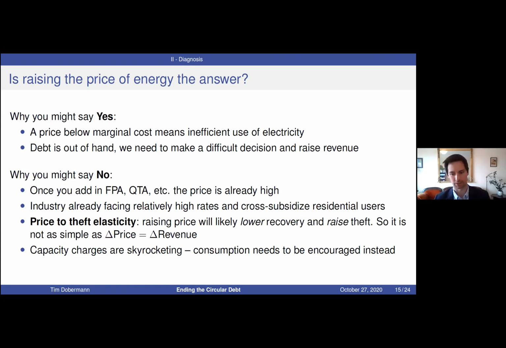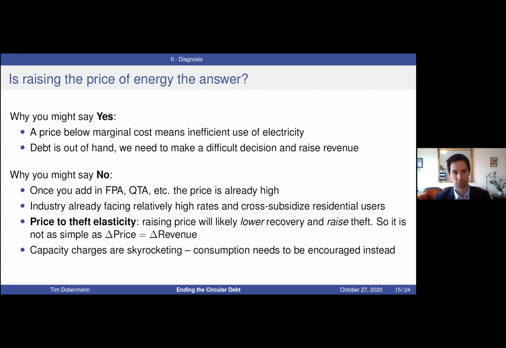You need to think about the elasticity of taxable income. So how do people shift their reported income as a response to the tax rate? I think on the energy sector side, this is also an interesting dynamic, which a number hasn't really been pinned down yet, which is that raising the price of energy, we would expect, would lead to lower recovery and raise theft. So it's not as simple as suggesting that raising the prices of energy necessarily translates to increases in revenue, even taking into account the demand side response.